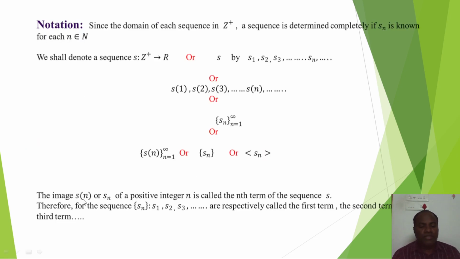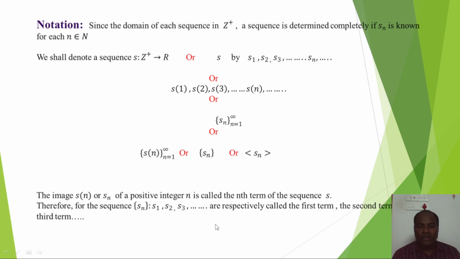The image S of n, or Sn, of a positive integer n is called the nth term of the sequence S. Therefore, for the sequence Sn, S1, S2, S3 and so on, S1 is called the first term, S2 the second term, S3 the third term and so on.